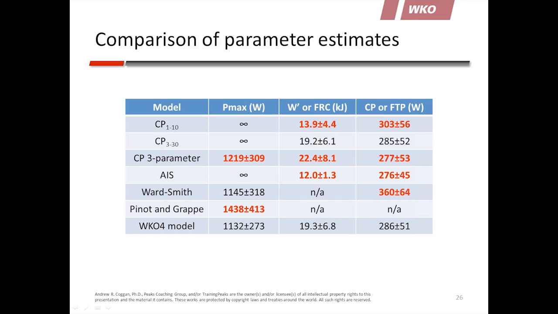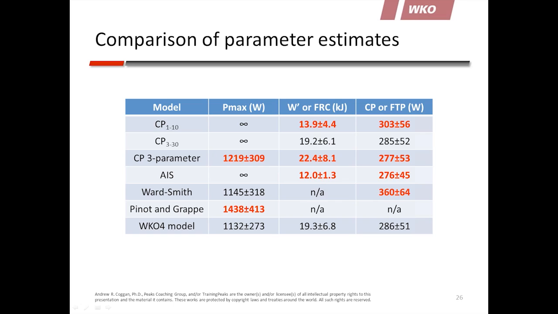Another way of looking at the same data, the same ideas here, is to look at the parameter estimates themselves for these different models. So Pmax, W prime or FRC, and critical power or FTP. The values shown in bolded red are significantly different from that of the WKO4 model.